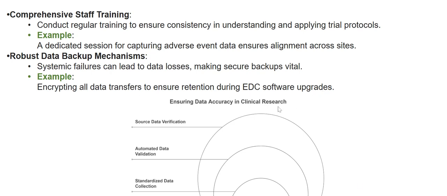And here we have a summarizing diagram explaining how data accuracy is ensured in clinical research: SDV, source data verification; automated data validation, one of the most famous, which is the systematic auto queries; standardized data collection; and data accuracy.